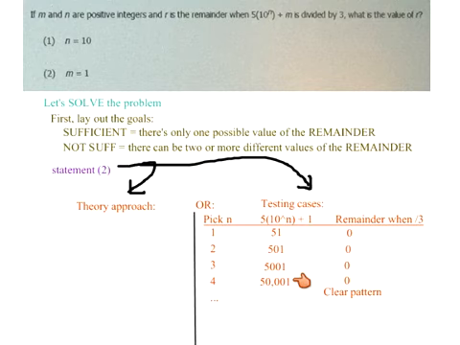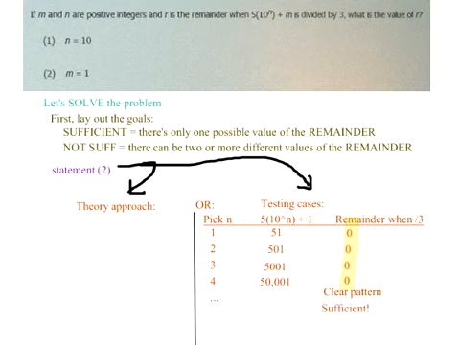The next quotient will be 166667. So the same thing is going to keep happening forever and ever. You're going to get one remainder over and over again. So this thing is sufficient. Not going to get any other remainders there.